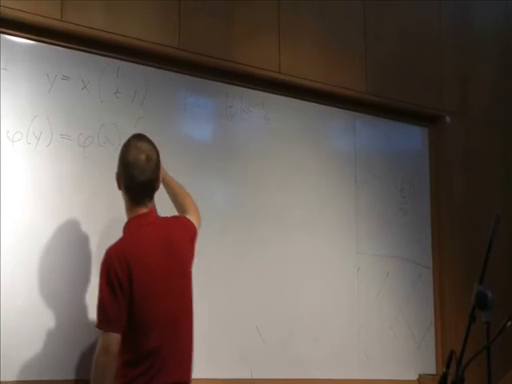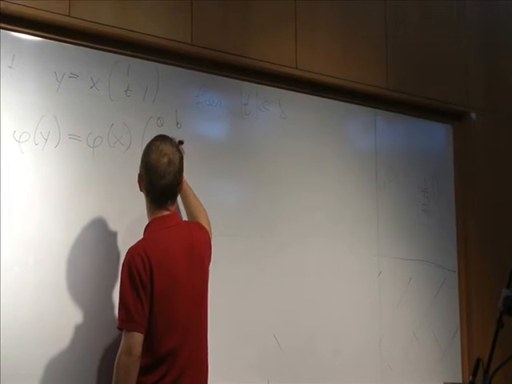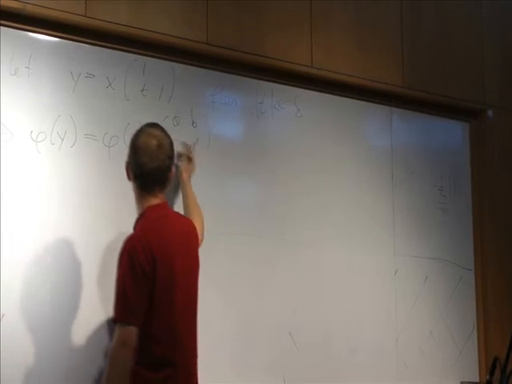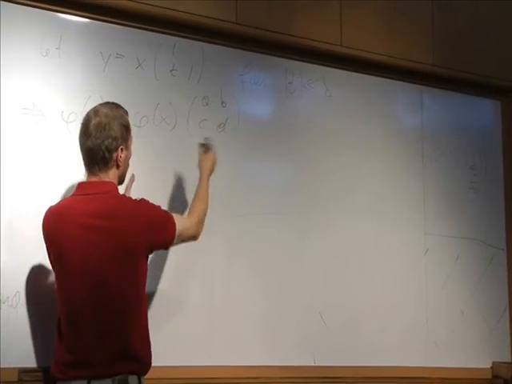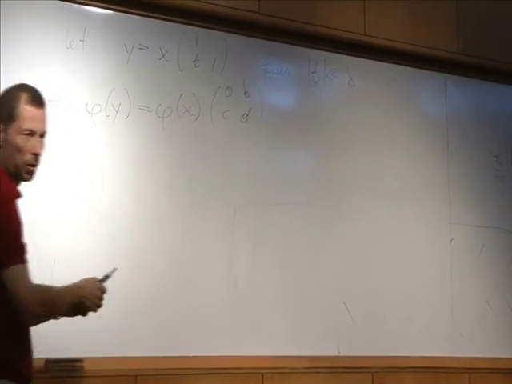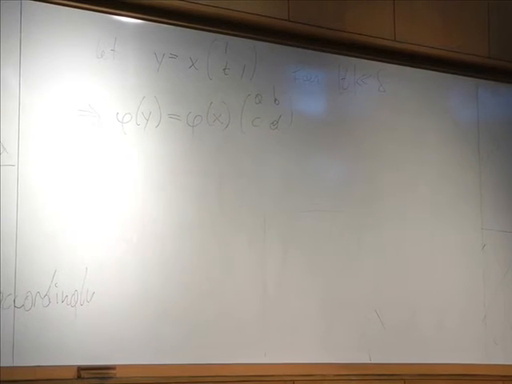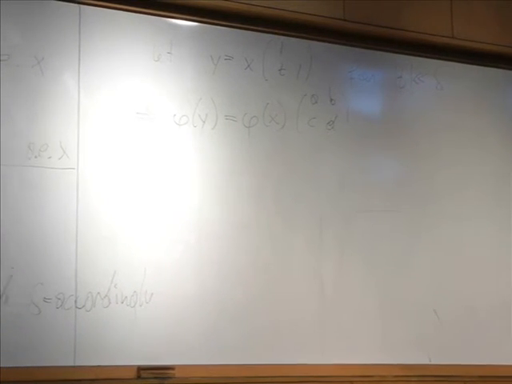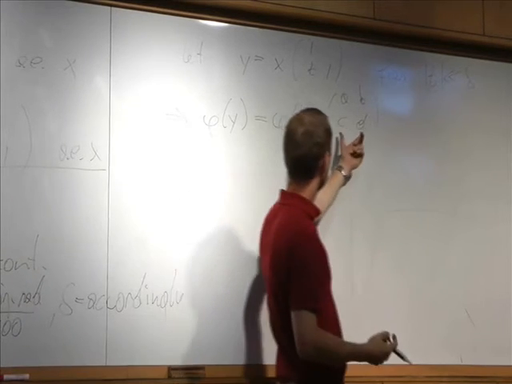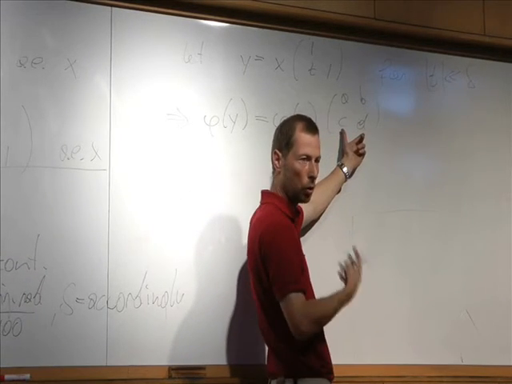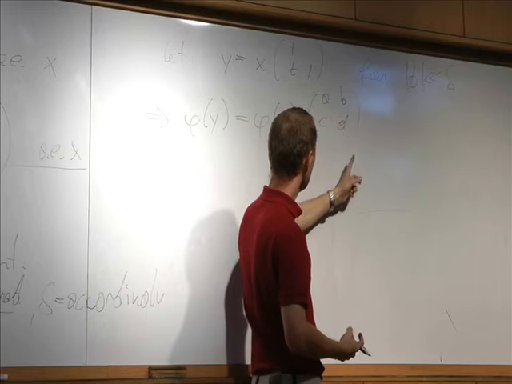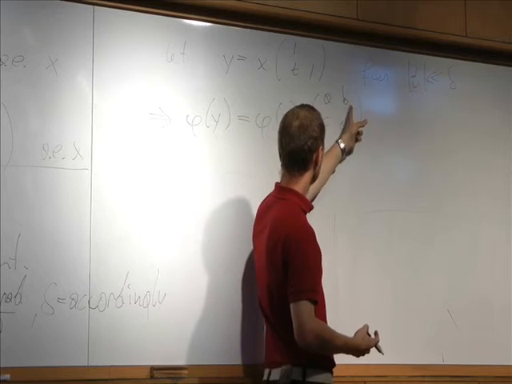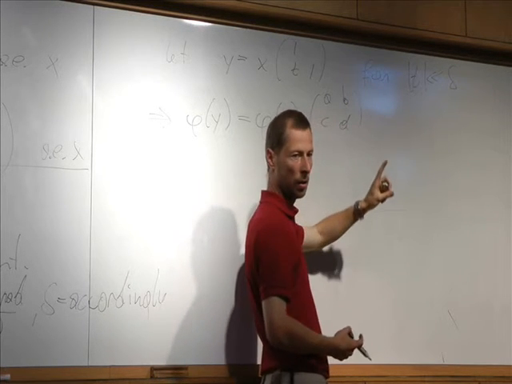So it's phi of x times an ABCD. Now the ABCD is happening only in the second coordinate, so I could simplify notation from the previous nightmare. But I don't know this ABCD, that's the annoying thing. I want to show that this ABCD is 1, 0, t, 1.